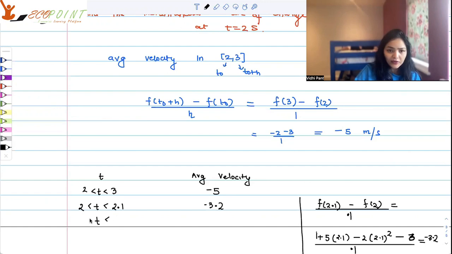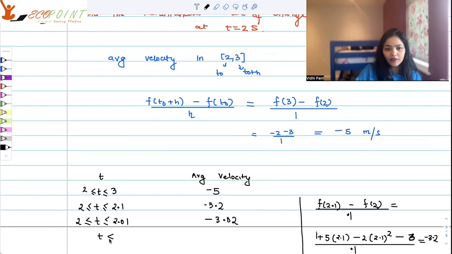Similarly, let's get even closer. By the way, we're equating it also because we're using the endpoints. With the interval 2 to 2.01, it's going to give you minus 3.02.